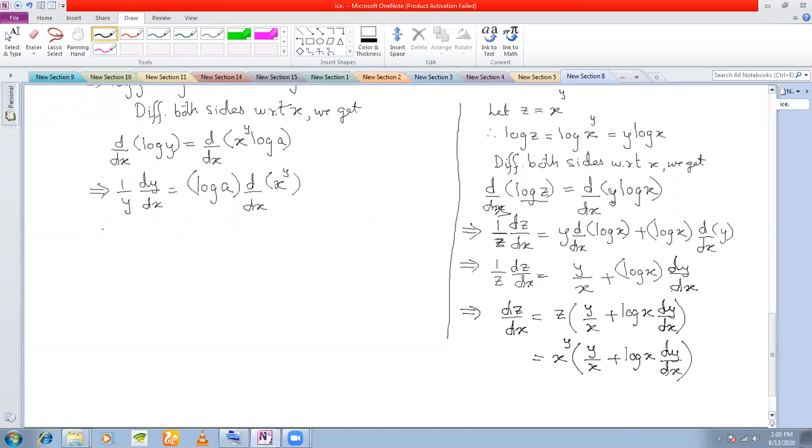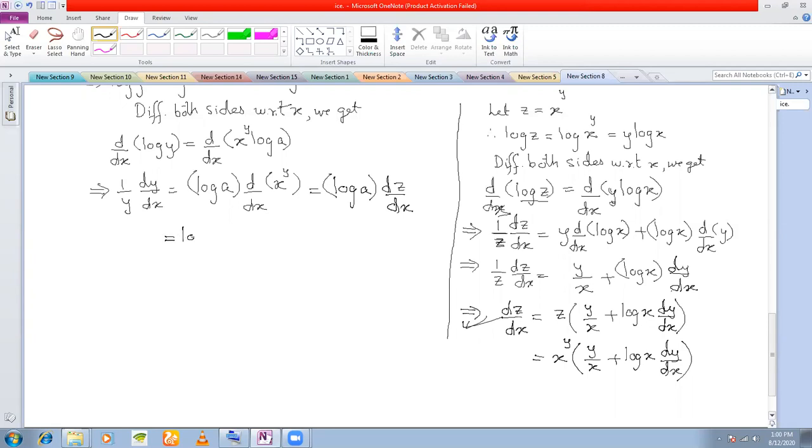Now what happens? Let's come back here. What have we got? 1 by y dy/dx is log A, and I had taken z equal to x to the power of y. So this becomes dz/dx, right? Now put the value of dz/dx, which I've got here.